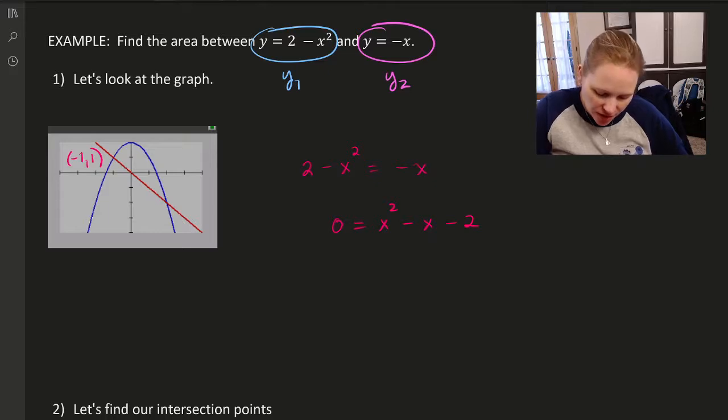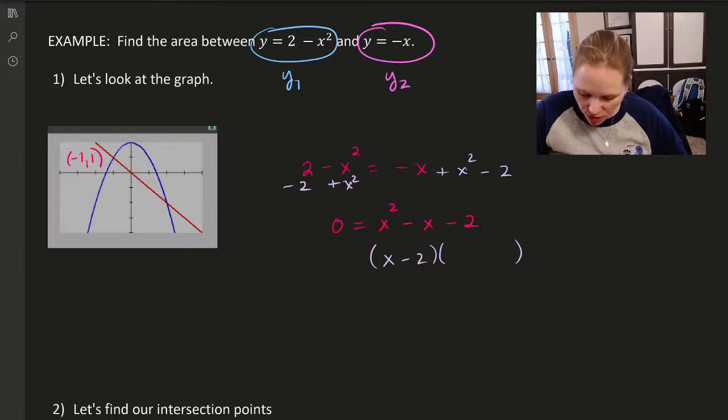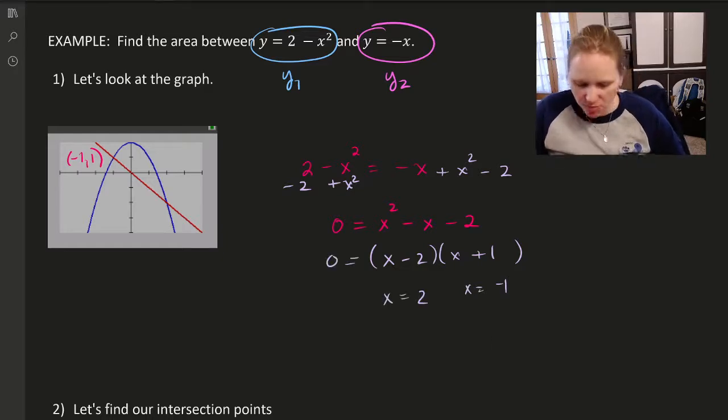And remember, I got that by subtracting 2 and adding x squared, and then rearranging the terms. Then I'm going to factor into (x minus 2)(x plus 1). So x equals -1 is a solution, and x equals 2 is my other solution, because I'm setting that equal to 0.